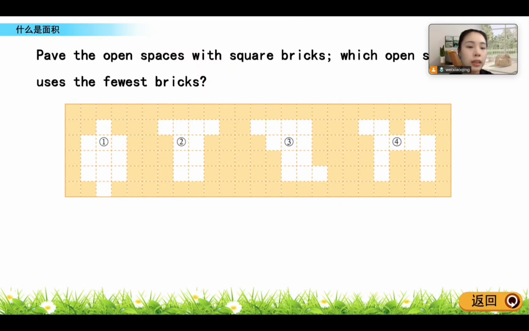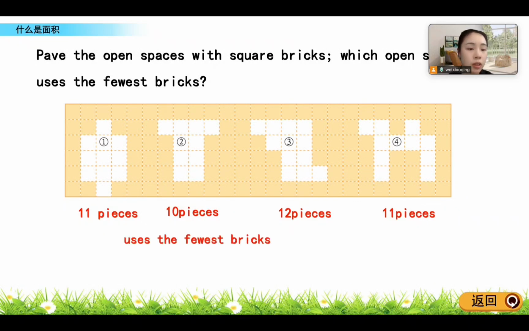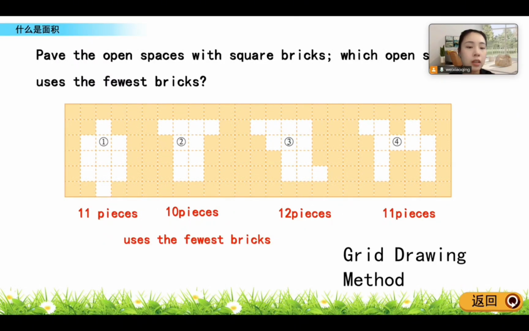So, we can directly judge the area size by the number of squares contained in the vacant lot. By counting, we know the second shape has the smallest area, and the third shape has the largest area. This method of comparing area sizes is called the grid method.